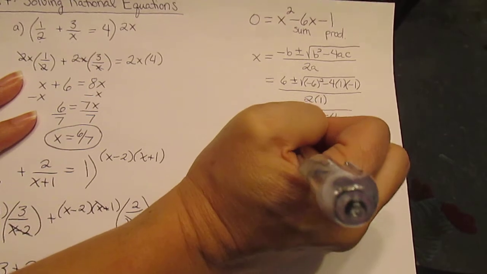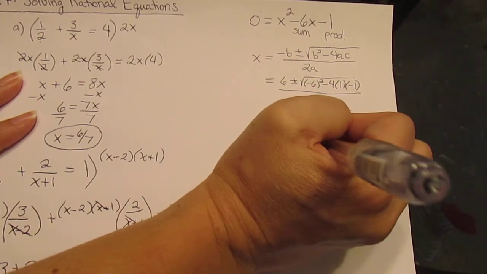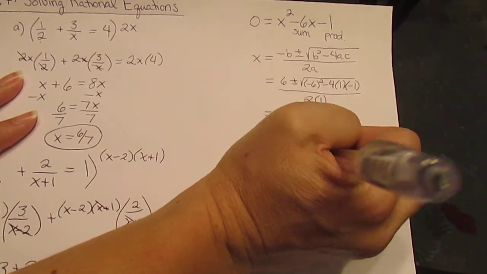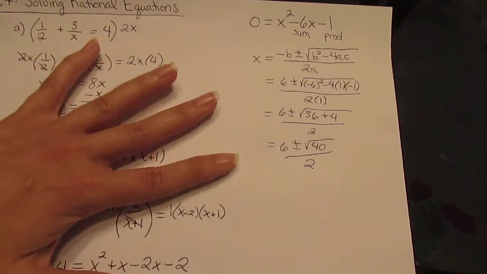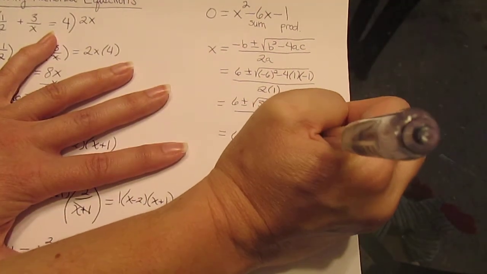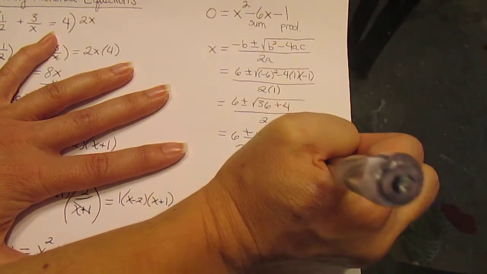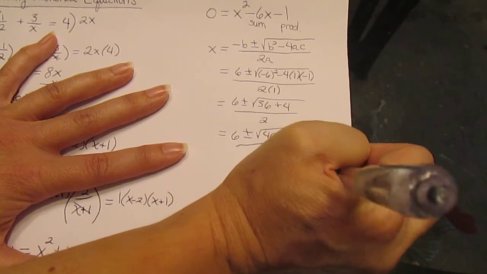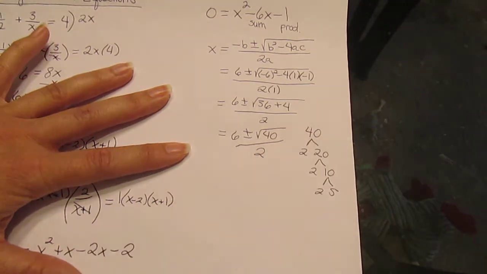Okay, 6 plus or minus square root of 40 all over 2. And I can do some simplifying. So let's take the prime factorization of 40. 2 goes into that 20 times, 2 goes into that 10 times, and 2 goes into that 5 times.